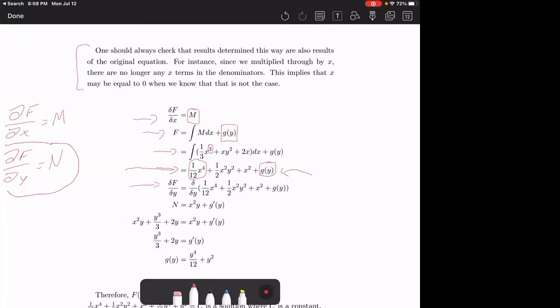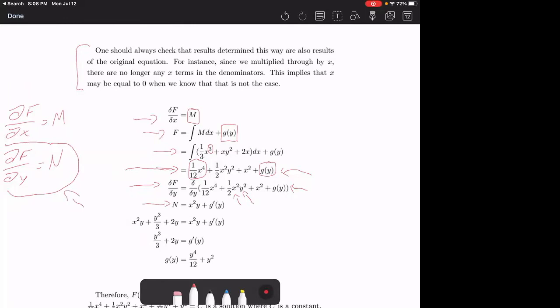So we get delta f delta y on the left, and on the right we have the derivative with respect to y of all this. We say partial derivative because it's a multivariable function. There's x's and there are y's. Now, n is what delta f delta y is equal to from here.